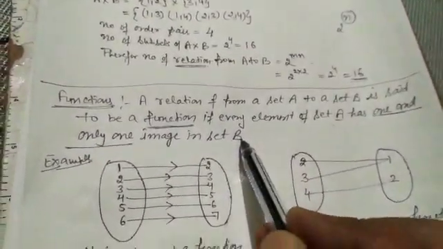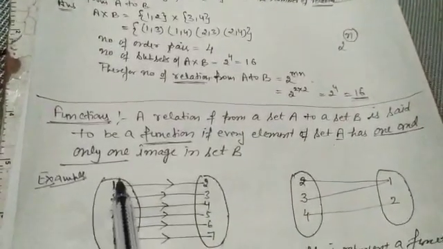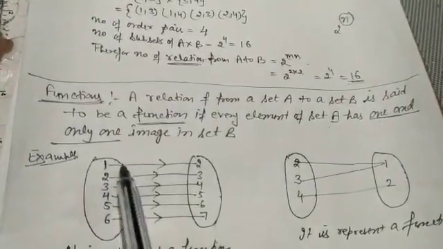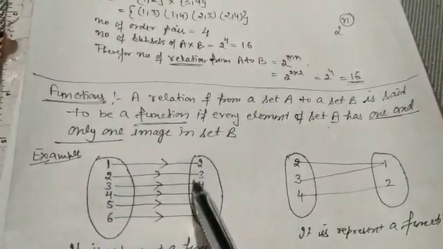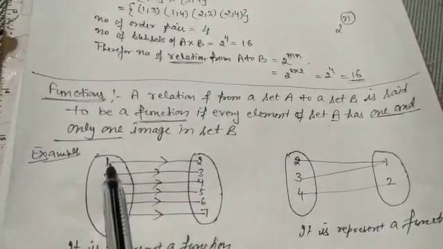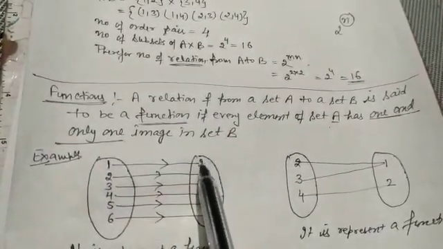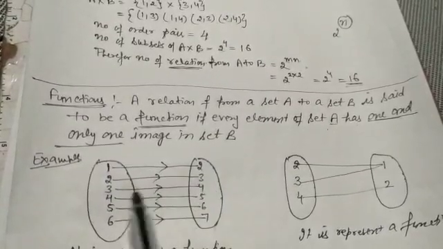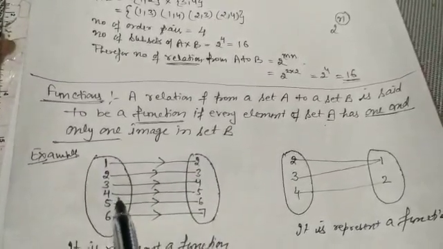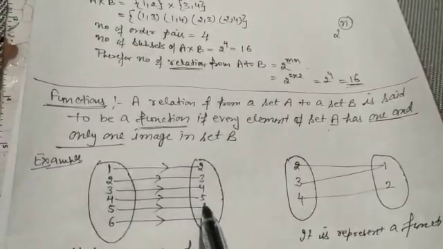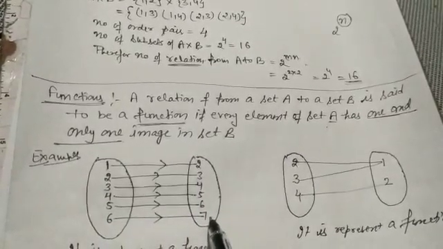Let us discuss with an example. Now see, I have taken an example of elements 1, 2, 3, 4, 5, 6 and also 2, 3, 4, 5, 6, 7. Here you observe 1 is connected with 2, 2 is connected with 3, 3 is connected with 4, 4 is connected with 5, 5 is connected with 6 and 6 is connected with 7.